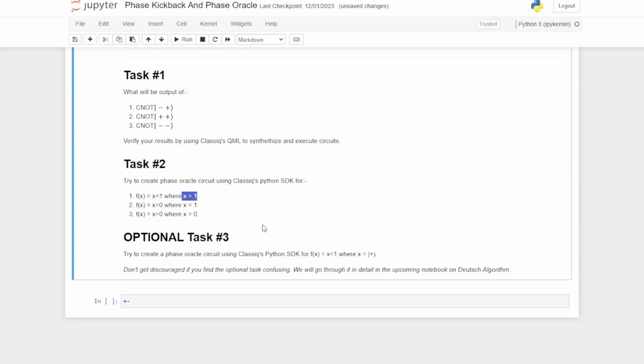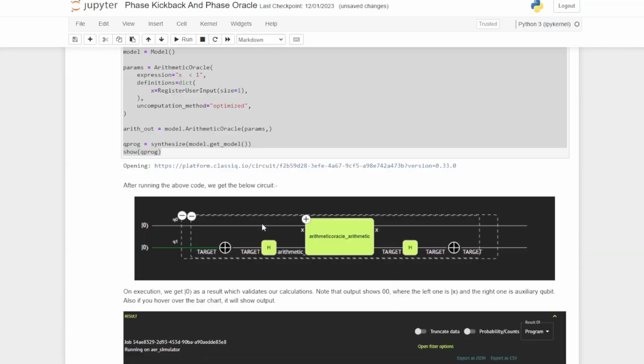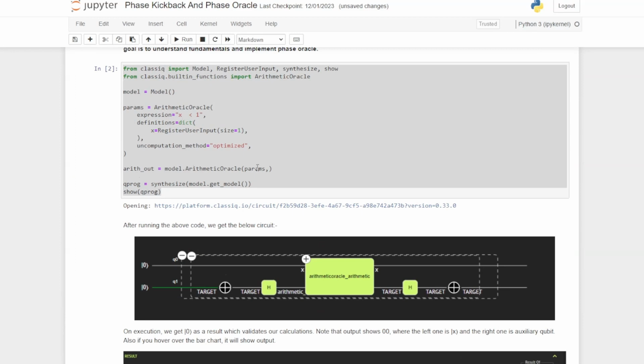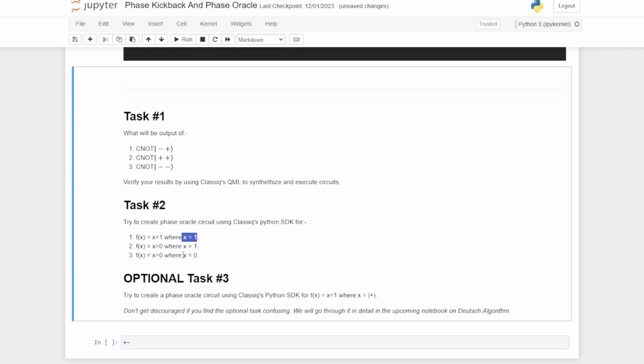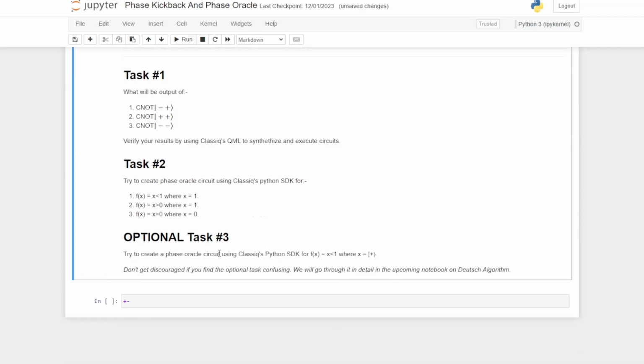To make the state of x as 1, you can refer back to the oracle circuit notebook to see how we can prepare the state of x as 1. By default it's 0, and the same applies for all. You just need to update the expression and do the state preparation of x. For this you can refer to that oracle notebook. And let's move on to optional task 3.